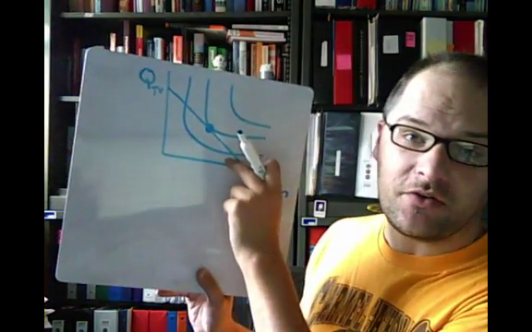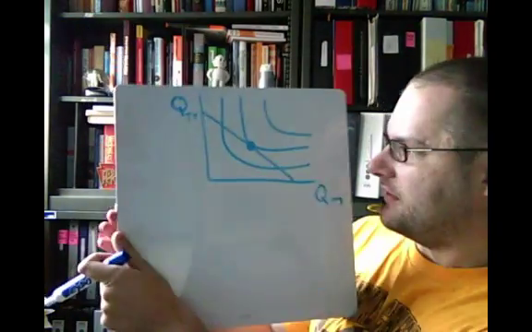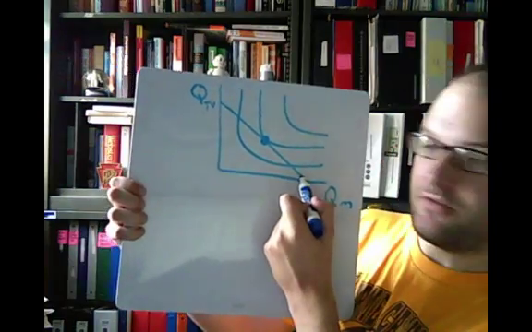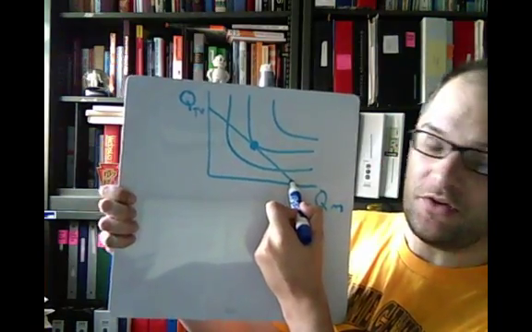Now, what about the budget constraint? Well, the budget constraint has 3 components. It has income. Obviously, income wouldn't be affected here. It has the price of TVs, something that wouldn't be affected by the price of markers. And it also has the price of markers. So the price of markers variable is going to have an effect on my budget constraint here. Now, what's it going to do?